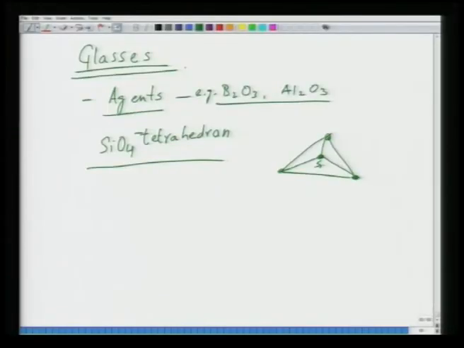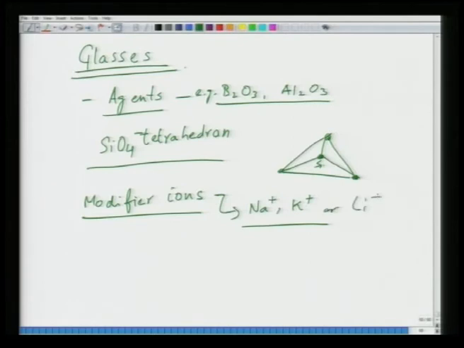So, basically you have two types of ions. One is a modifier ion. Modifier ions are ions which basically increase the conductivity, and these are your smaller sized ions, sodium or potassium, or lithium.